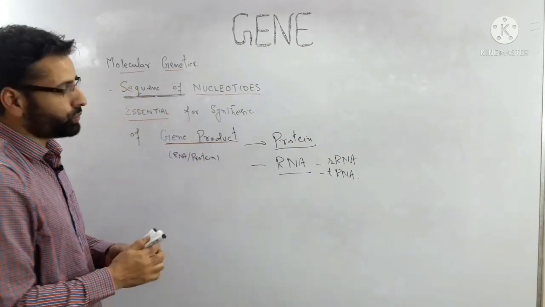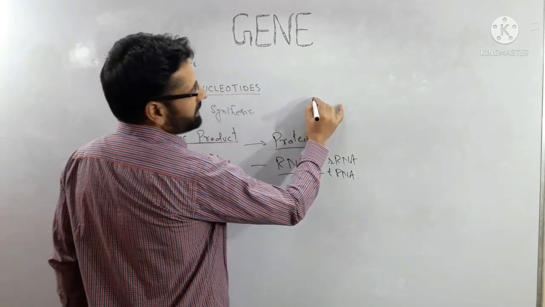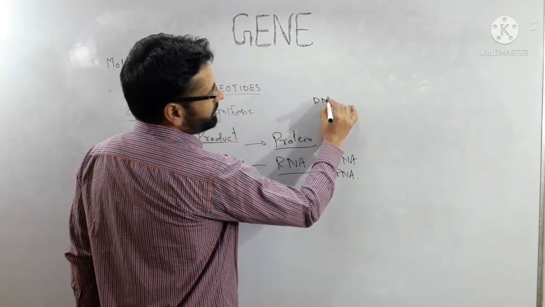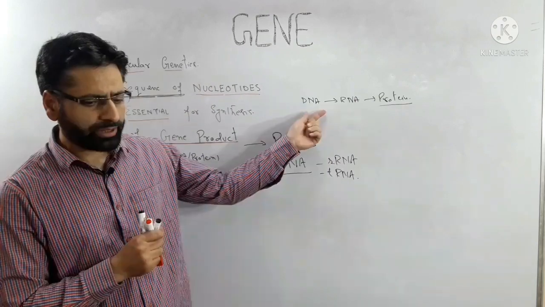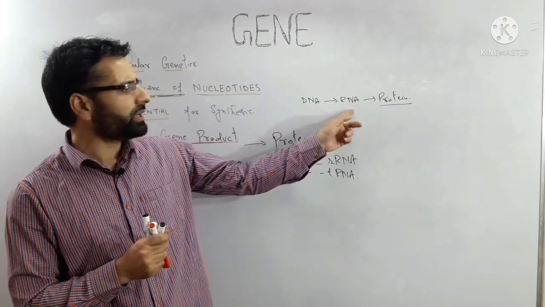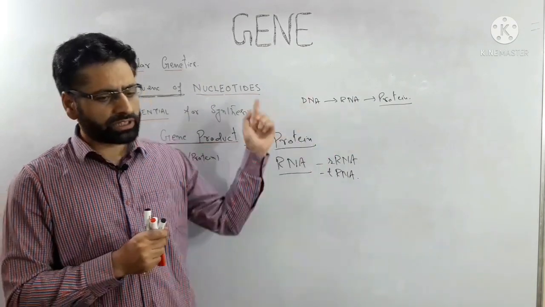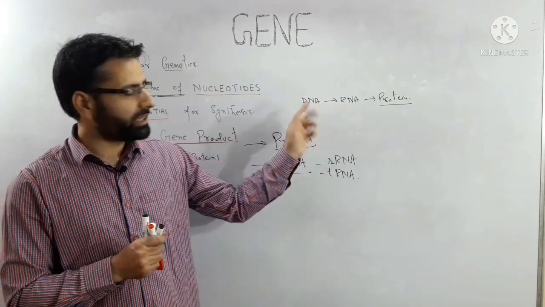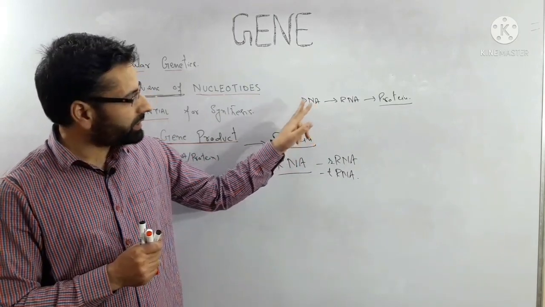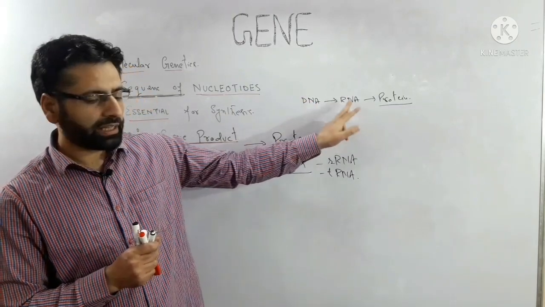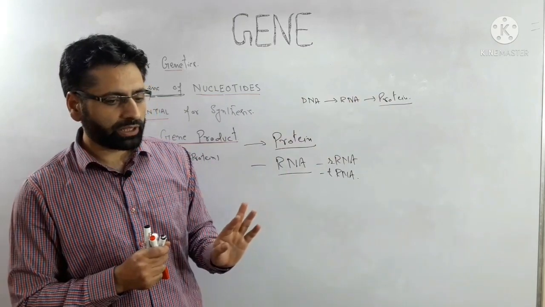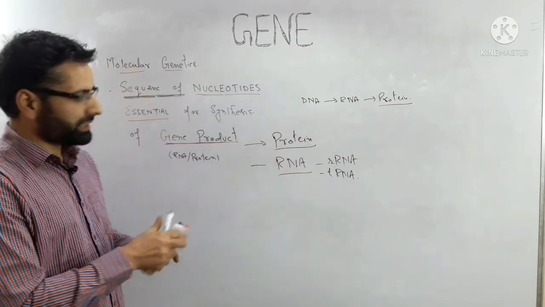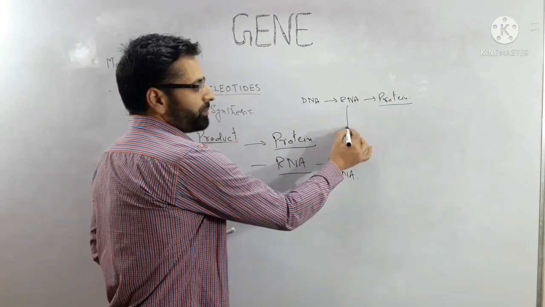For example, in normal cases, the flow of genetic information goes in this direction. Here you can also include reverse transcription, where RNA forms the DNA. Here DNA forms the RNA, and then RNA forms the protein. And in some cases, RNA does not form the proteins.